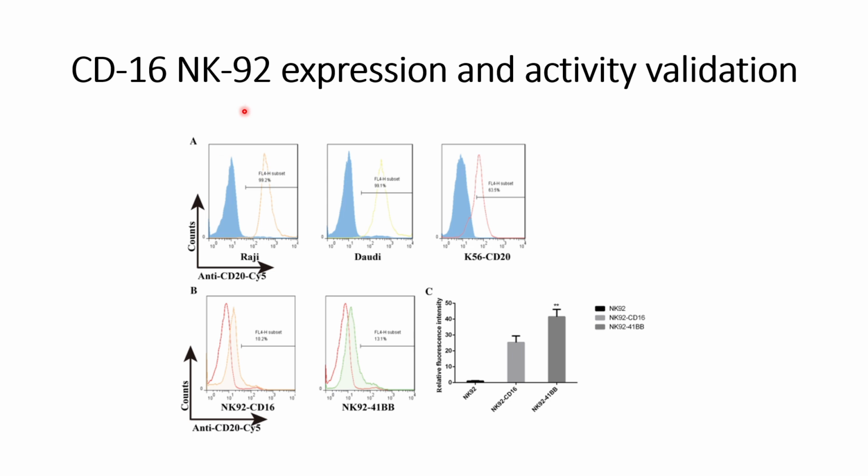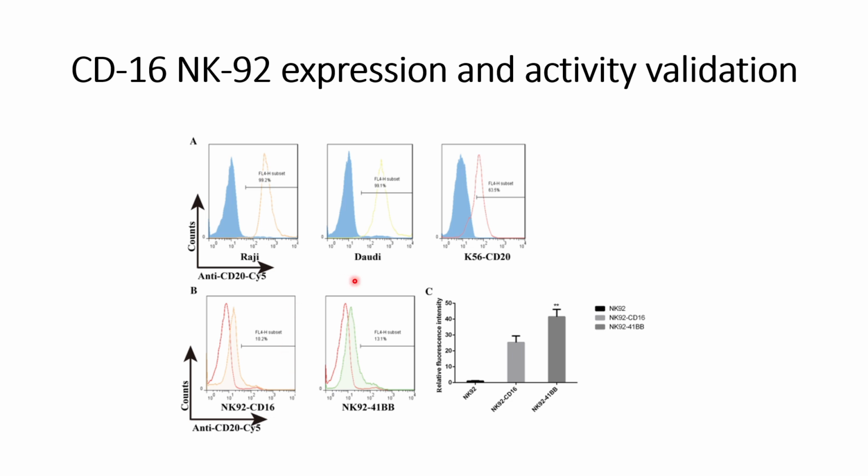The left hand side figure of panel B represents the cDNA CD16 NK-92 expressed cells, and the right hand side represents the CD16 fused CAR, the CAR CD16 NK-92 expressed cells. We can see that in the CAR NK-92 expressed cells, the signal intensity is slightly higher compared to the cDNA CD16 transduced NK-92 cells.